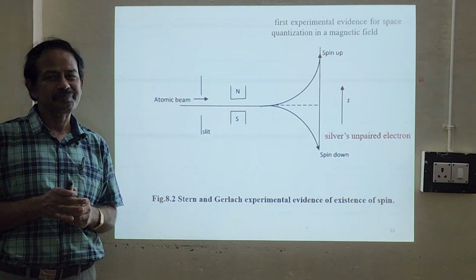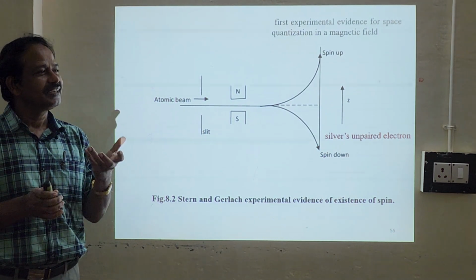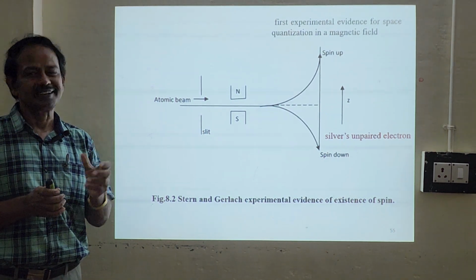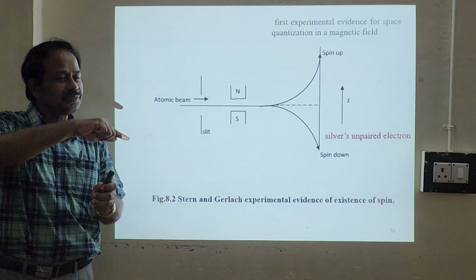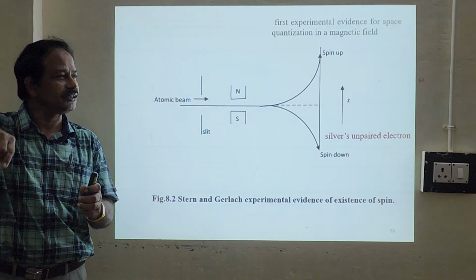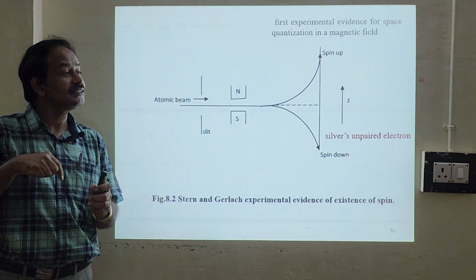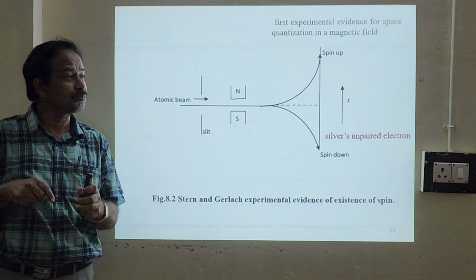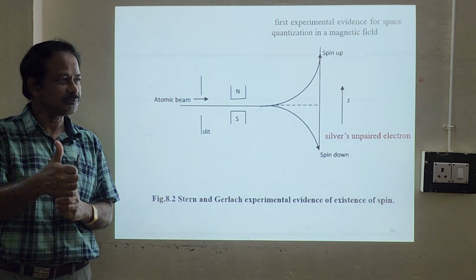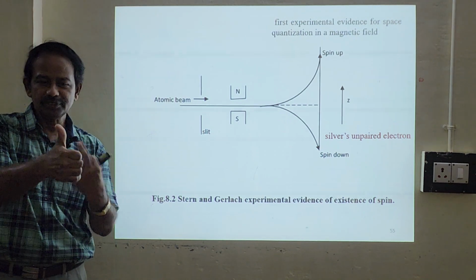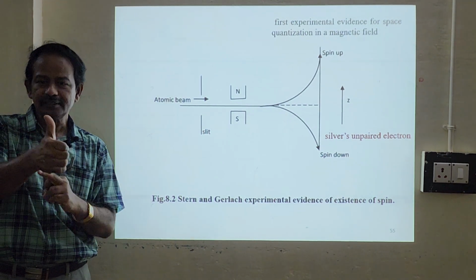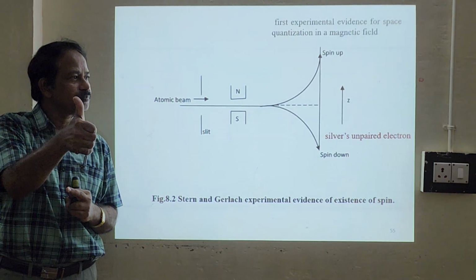Now coming to a very important point: does the electron really spin or not? Of course, we know that any charged particle which revolves around the nucleus will produce a magnetic field. Suppose the electron revolves around the nucleus like this, the magnetic moment will be exactly up.